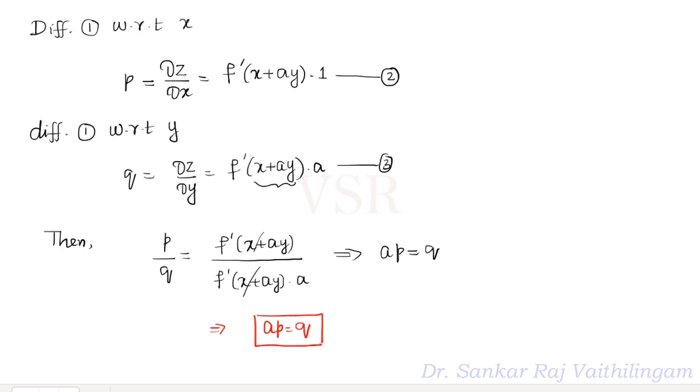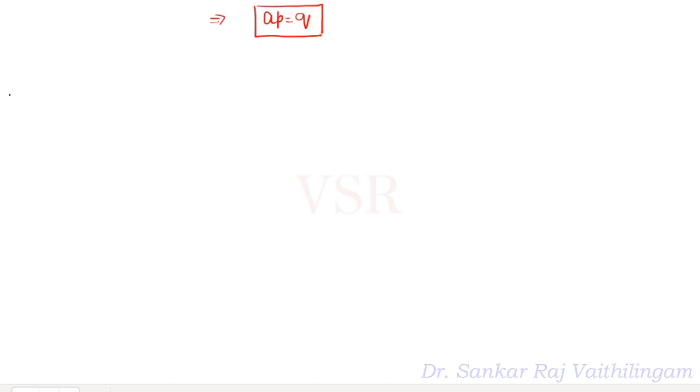Now we'll go to the second problem. It is given: solve z is equal to f of x square minus y square.